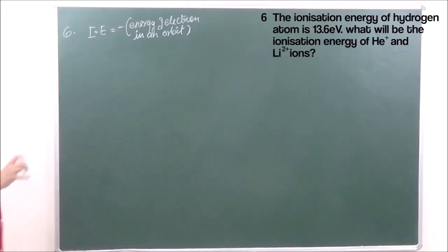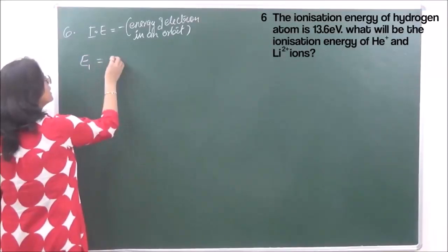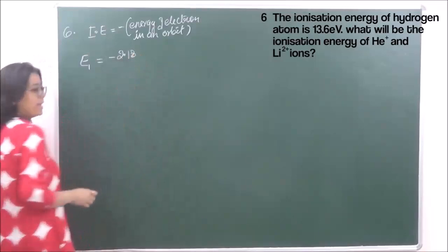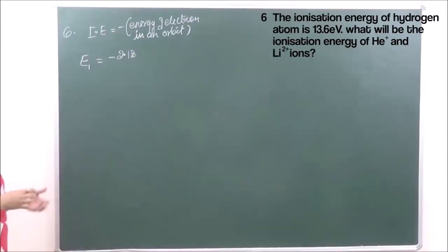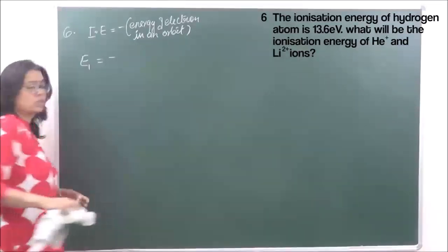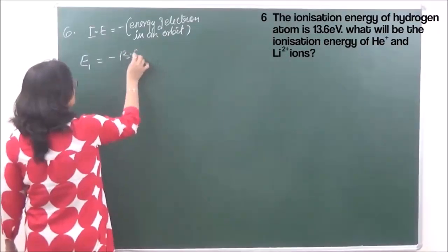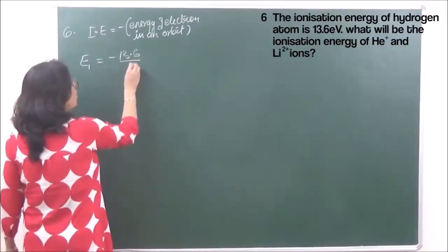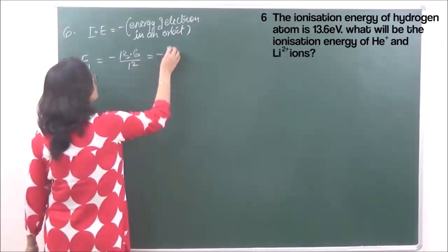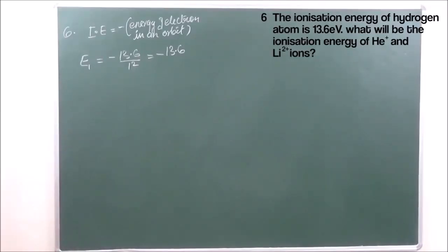Now the energy of the first orbit is going to be minus 2.18, or if we calculate it in electron volts, minus 13.6 upon 1 square, which is equal to minus 13.6.